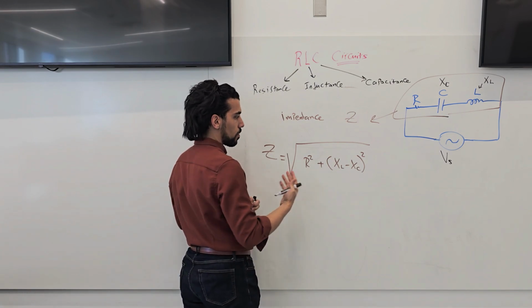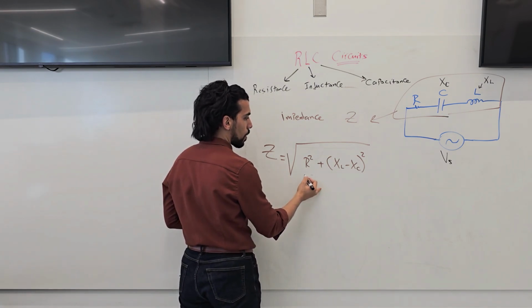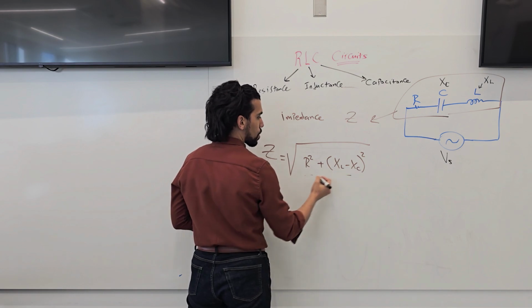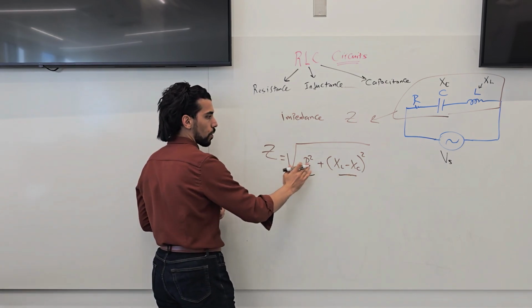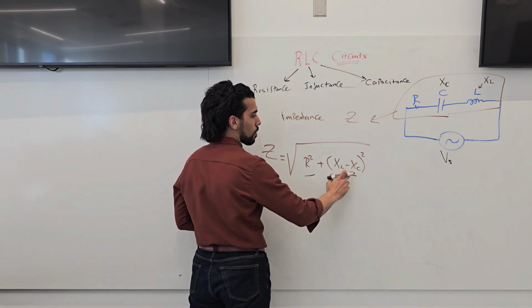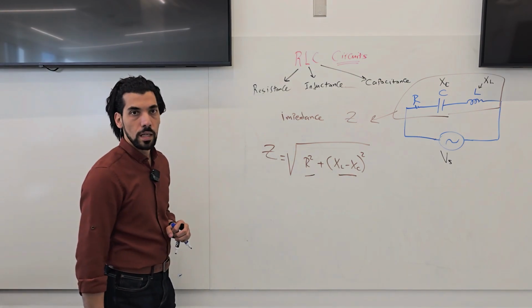Basically, if you know more advanced, this is the real part, and this was imaginary. That's why we got the resultant of these two values, R squared plus (XL minus XC) squared.